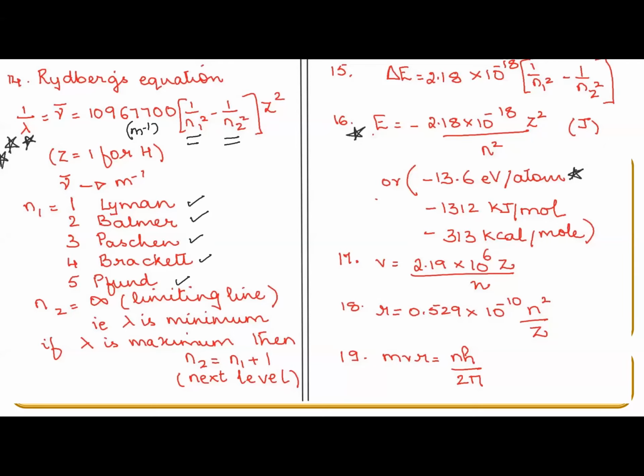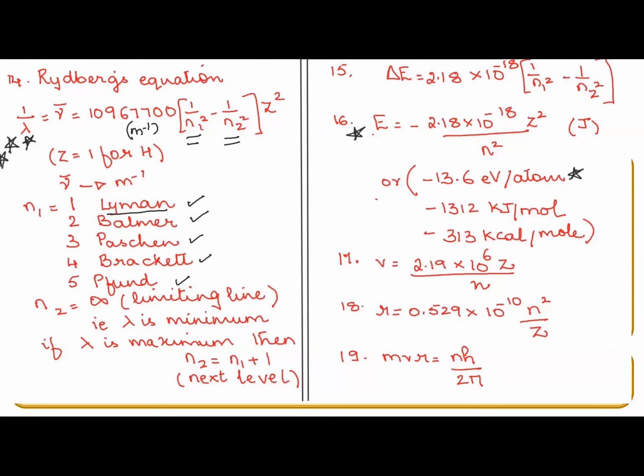Do you remember? If I say that I observe the line or the spectra in Lyman, that means n1 is 1. If I say it's the Balmer series, that means n1 is 2, or 3, 4, 5 for Paschen, Brackett, and Pfund. So you should know what n1 is if they tell you the series.